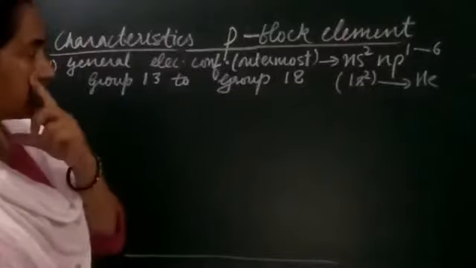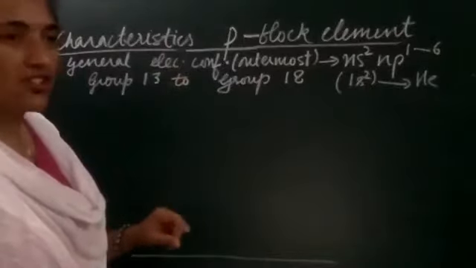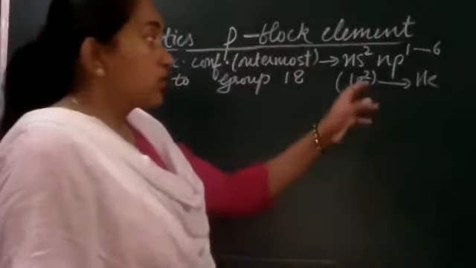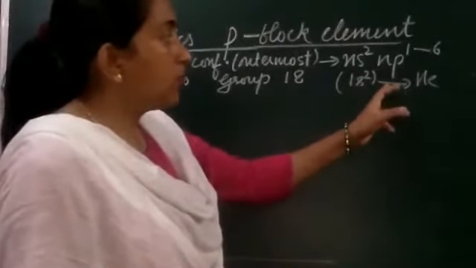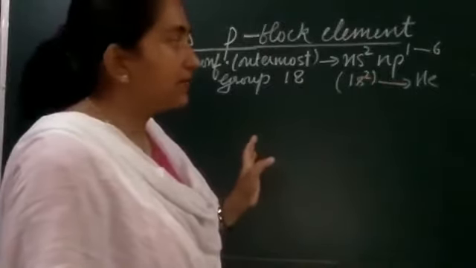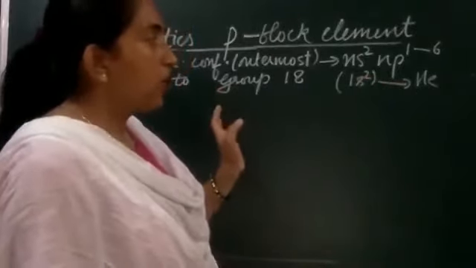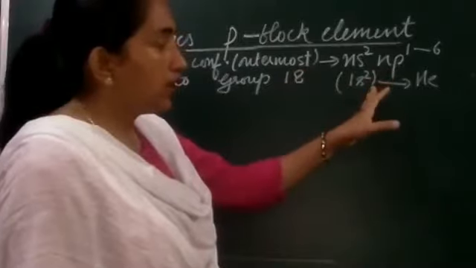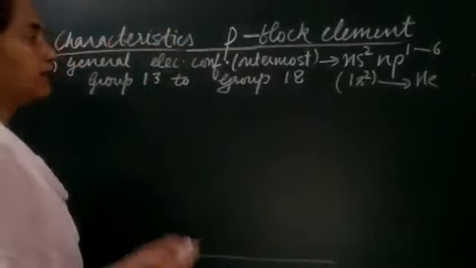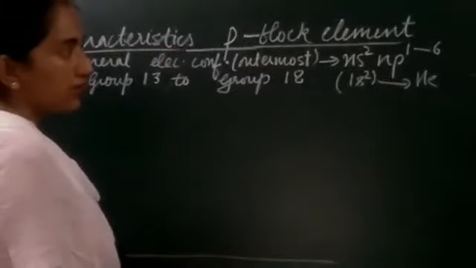Along with the group 2 element, which has got 2 electrons in the outermost shell, s subshell. So students, can you tell me why it has not been placed along with the alkali and alkaline earth metals in the S block? Why along with the P block, right? So students, the answer is that it has got the completely filled outermost configuration, right?